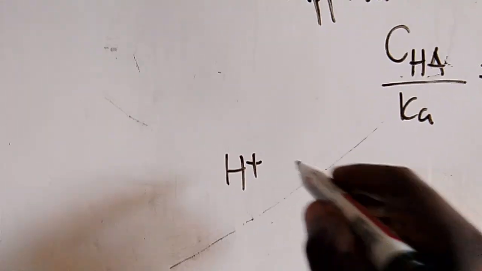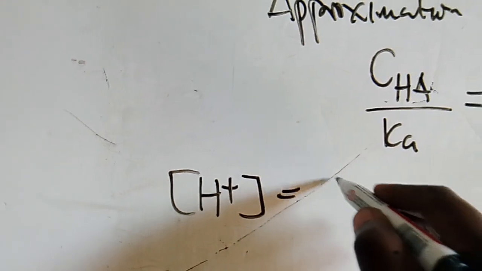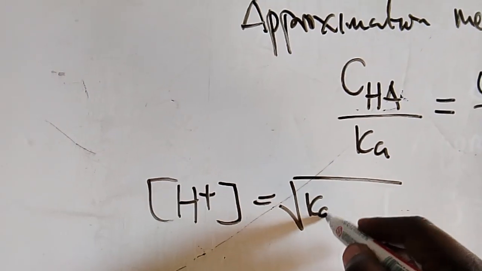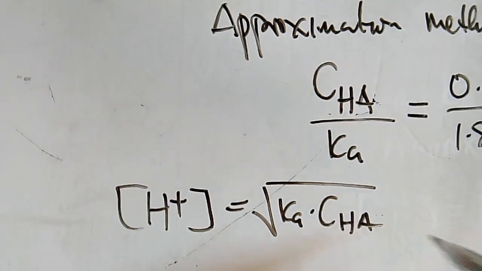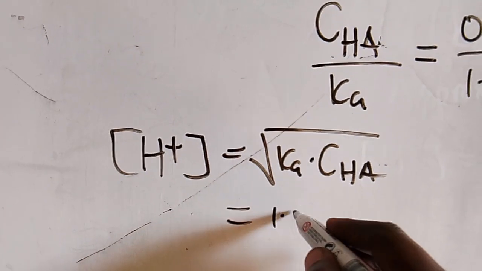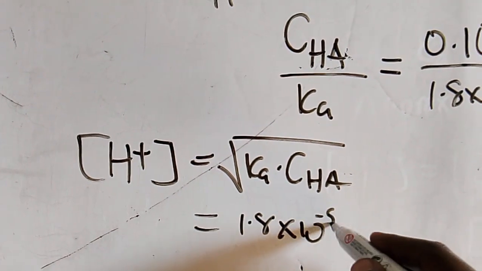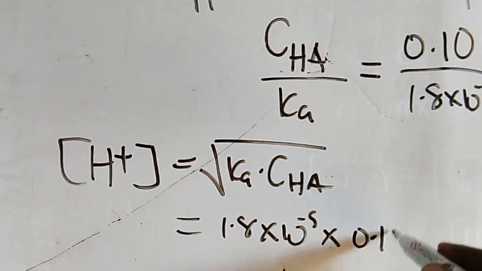Since it is valid, we apply the formula: hydrogen ion concentration is equal to the square root of Ka times the concentration of the acid, which is 1.8 times 10 to the power -5 times 0.10.